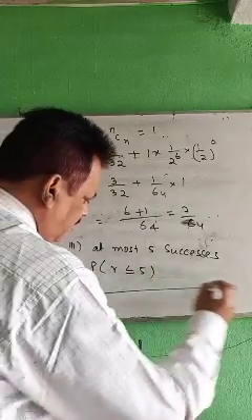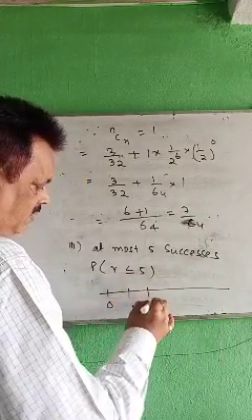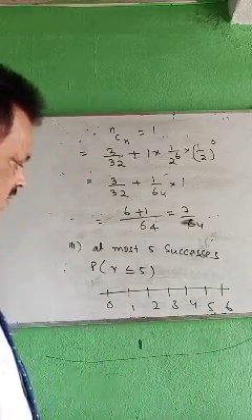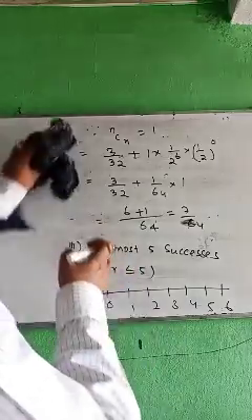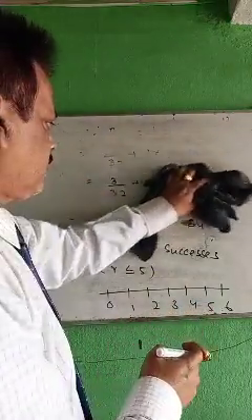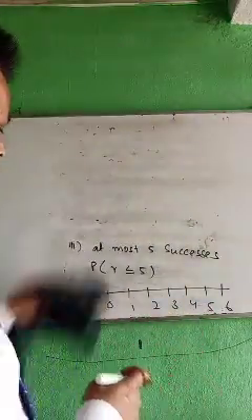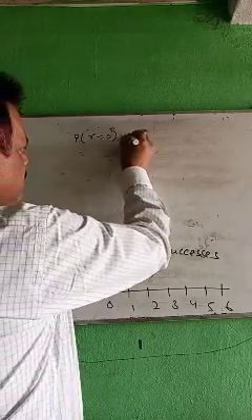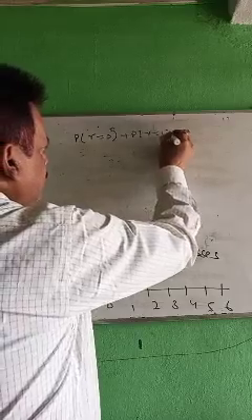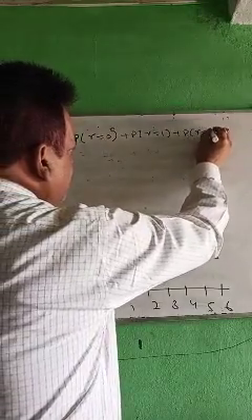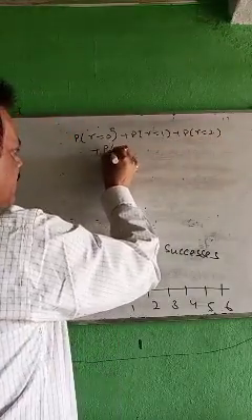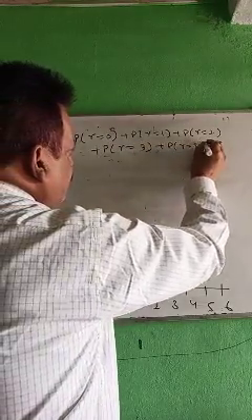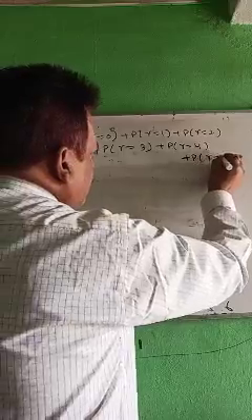If you see the number line 0, 1, 2, 3, 4, 5, 6, you need to find probability R equals 0, R equals 1, R equals 2, R equals 3, R equals 4, R equals 5.